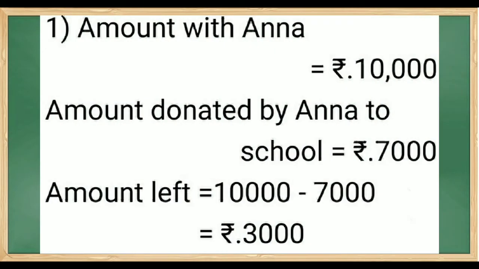So let's first find out that remaining amount which has to be divided among 6 students, for which we will subtract 7,000 from 10,000. After which we get the difference of rupees 3,000, which is the remaining amount.